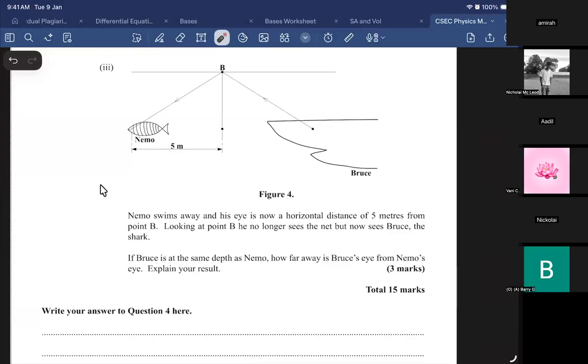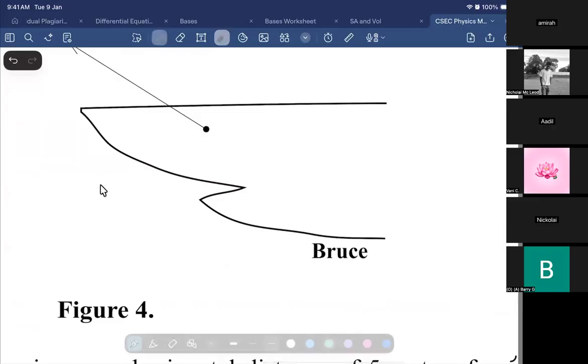This is so funny. It's like suspense. Here it is. Looking at point B, he no longer sees the net, but now sees Bruce, the shark. Oh, that's also funny. I don't know why that's funny. But this shark has no teeth. Let me put some teeth on this shark. Do they want to put grills on the shark? Let me know, guys.